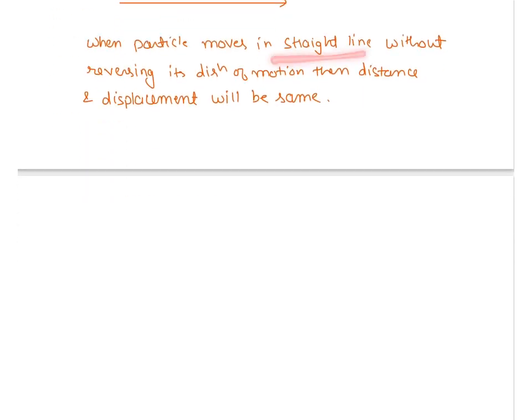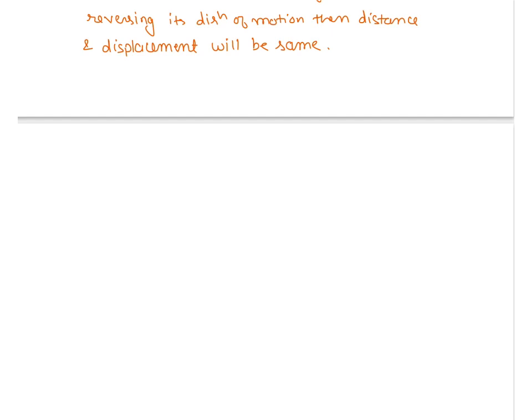This is for a straight line, and just for information purposes, if a particle travels in a curved path and moves from A to B, the length of the actual path is nothing but distance, and this is the shortest distance between A and B, which will be equal to displacement. So this is displacement and this is distance. Obviously, distance and displacement are different.